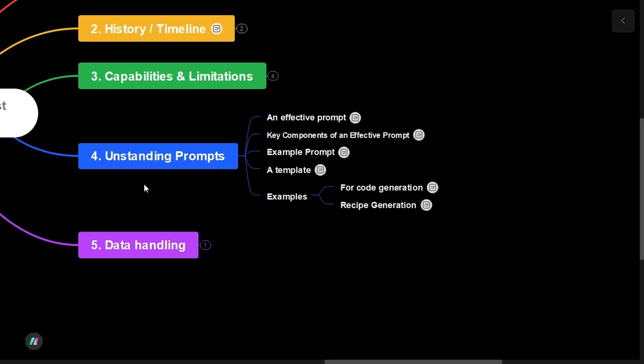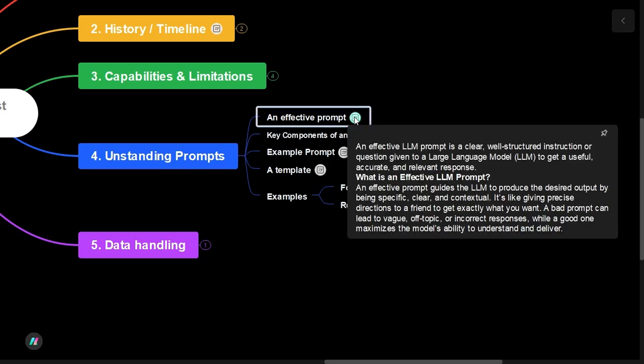The limitations and the capabilities that we talked about in the previous video, especially those limitations, you can overcome with an effective prompt. So what is an effective prompt? If I look at the notes, an effective LLM prompt is a clear, well-structured instruction and/or question given to a large language model to get a useful, accurate and relevant response.